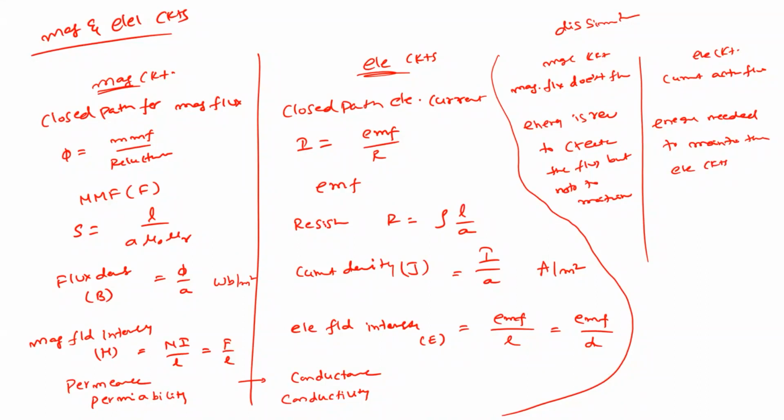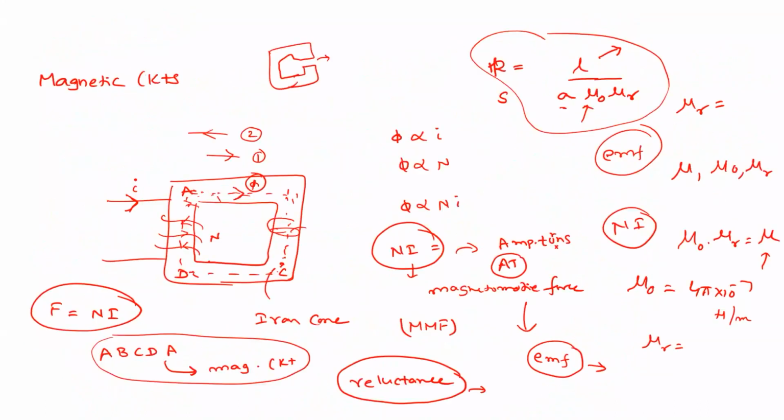Here energy means potential energy. We are pumping the energy, meaning the potential difference that we are creating. Here we are energizing this winding so that the flux will be set up.